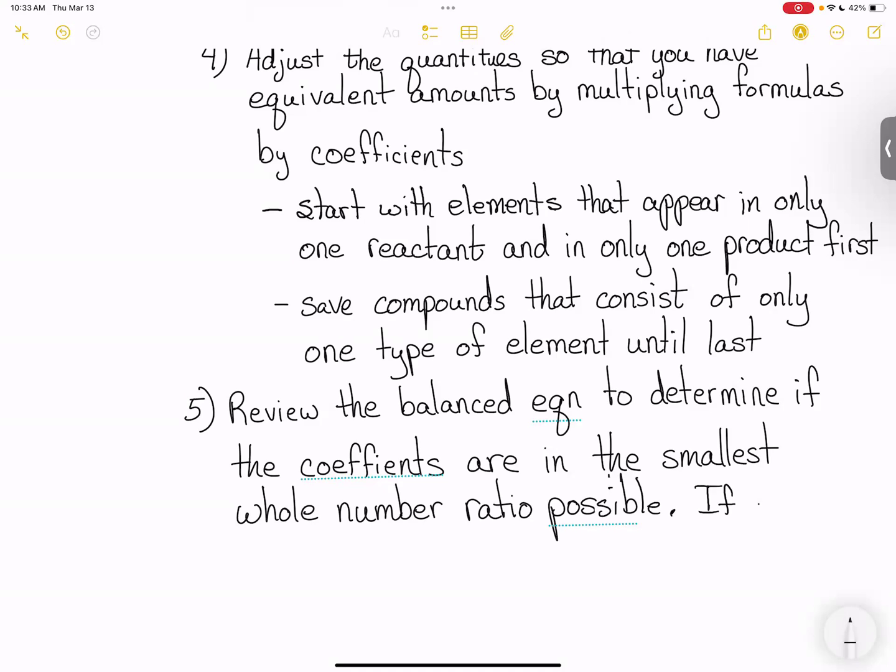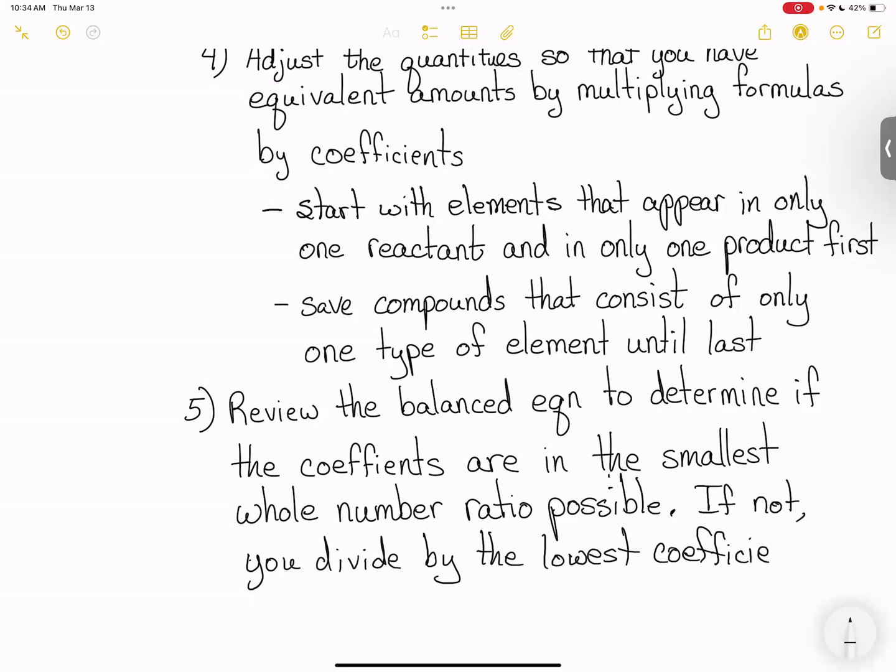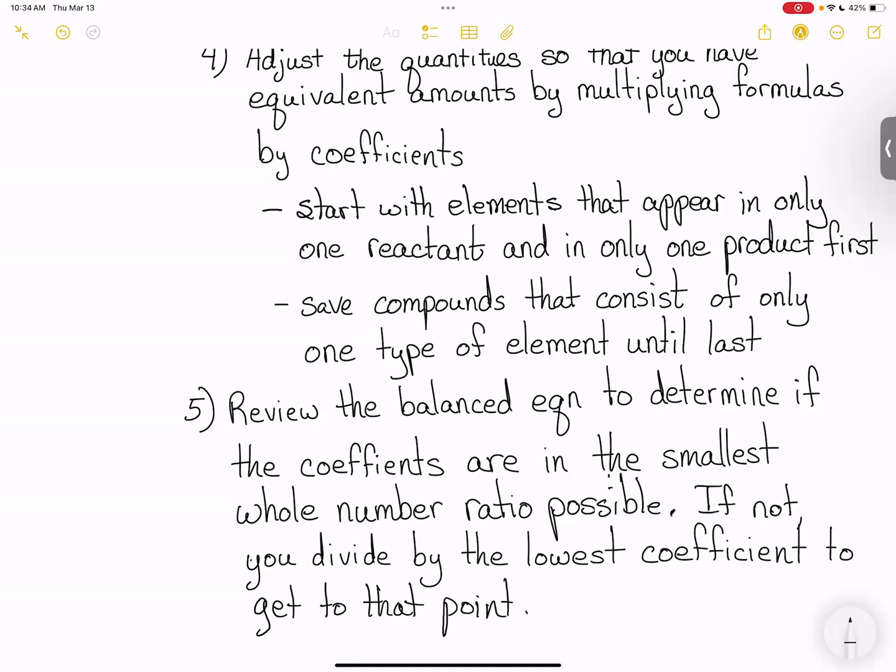If not, you will need to divide to get it to that point. Because balanced chemical equations are always in the lowest whole number ratio possible.